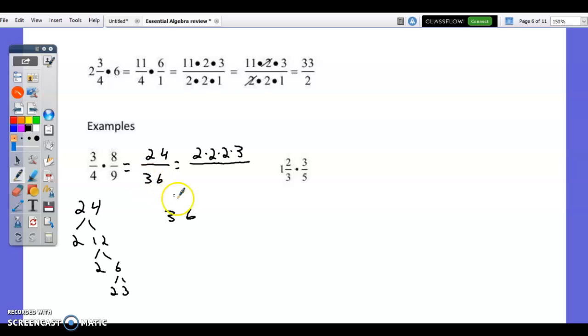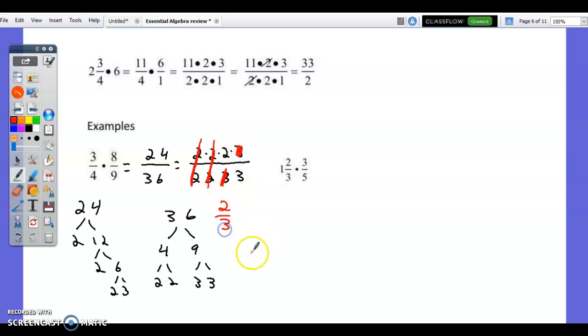So we know 4 times 9 will equal 36, so I'm going to use that as my first breakdown. 4 and 9, 2 and 2, 3 and 3. So I write down 2 2's and 2 3's. Then I divide out what's in common. This is in common, this one and that one are in common, so my final answer would be 2/3. All right, so that's how I would break down without using a calculator or showing all of my steps to be able to multiply a fraction.